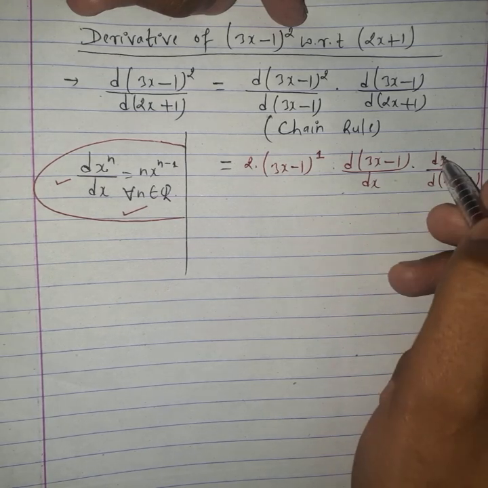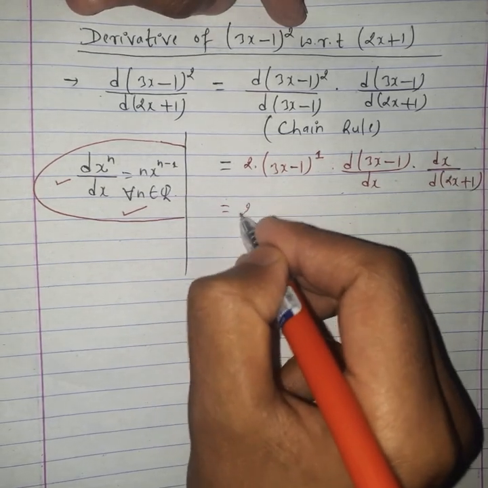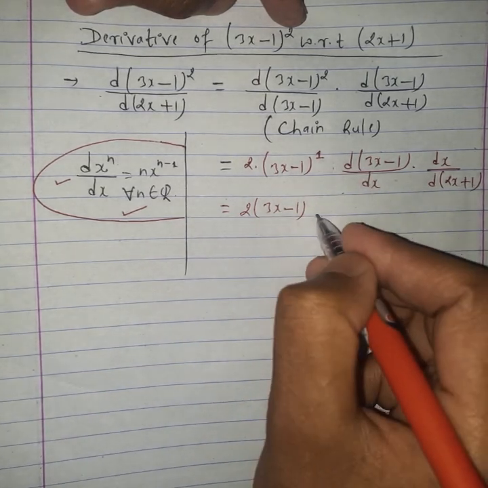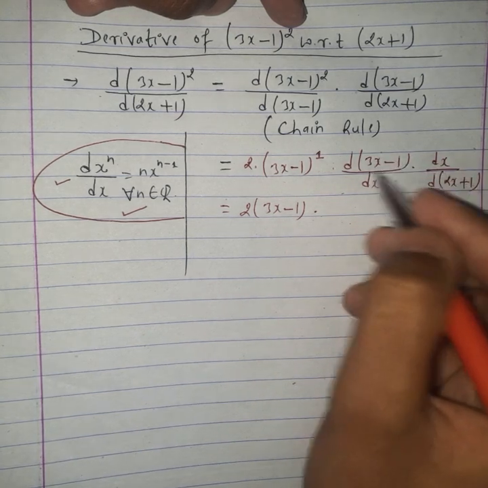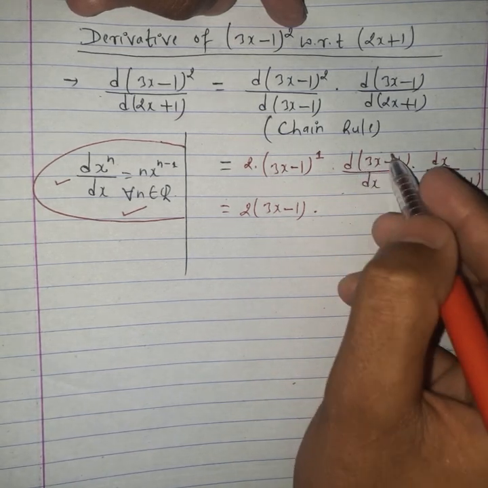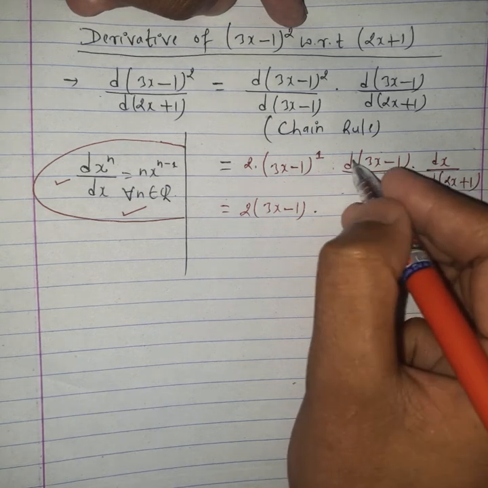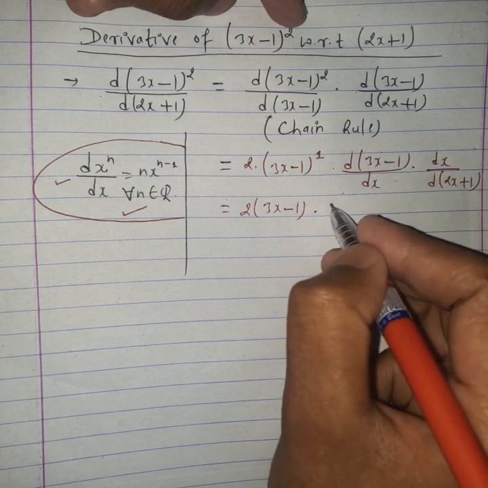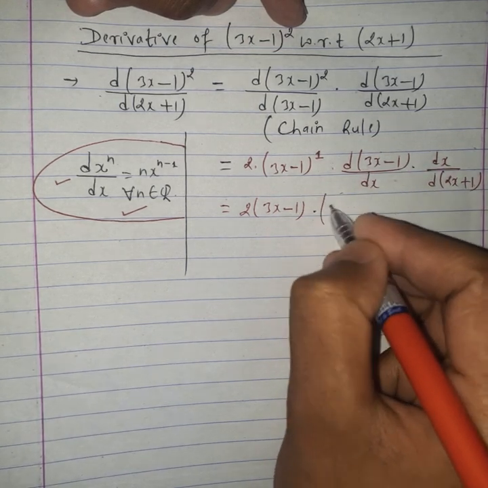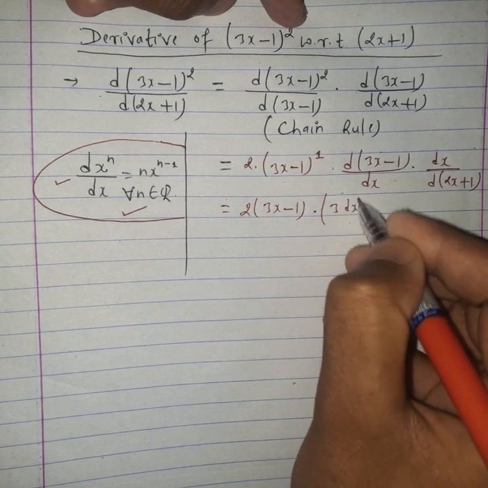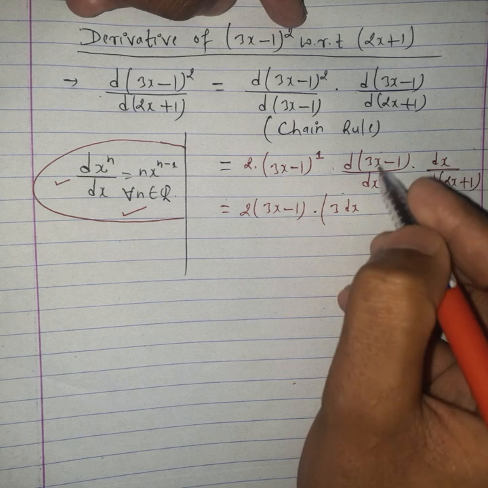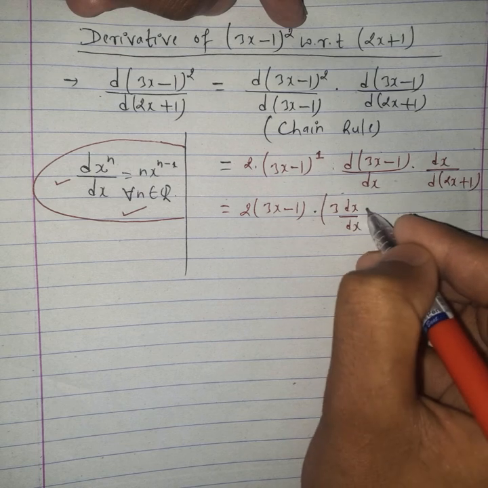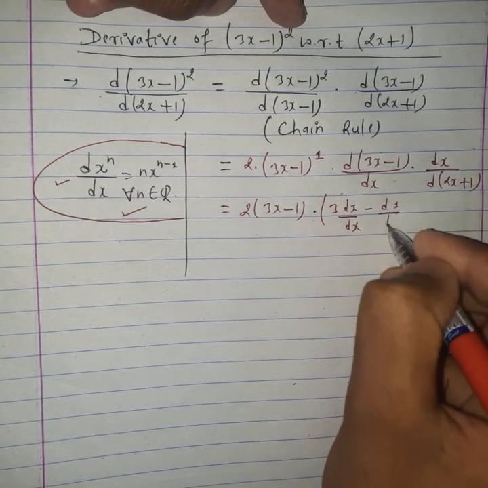Here we divide by dx and multiply by dx, and this is 2 times (3x minus 1) raised to the power 1, times the derivative of this function. We can use the difference rule. We distribute d over dx over these two terms: the derivative of 3x with respect to x is 3 times the derivative of x, using the coefficient rule, minus the derivative of 1 with respect to x.